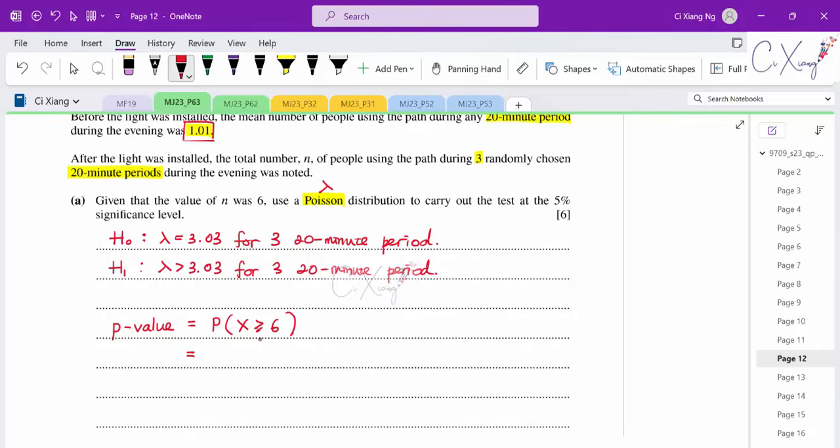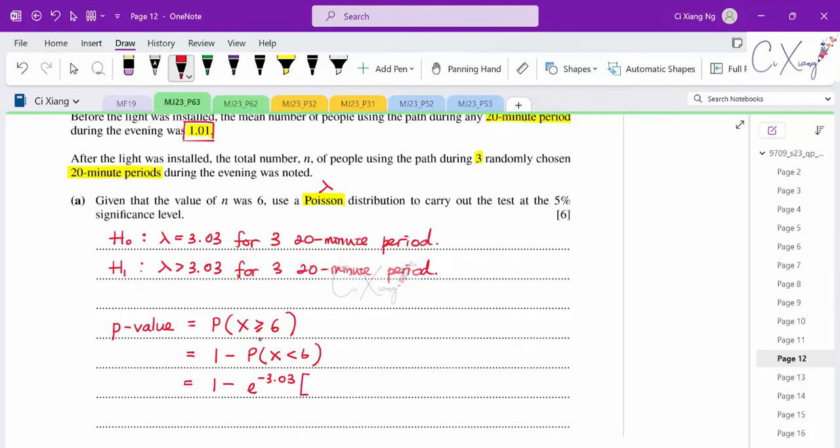For Poisson distribution, you are not able to calculate this greater than direction directly, because if you start with x equals 6, x equals 7, until x equals infinity, it is very hard to calculate the value. Therefore, I have to take 1 minus the probability of x smaller than 6. So what is the probability for x smaller than 6? First we have e to the negative lambda.